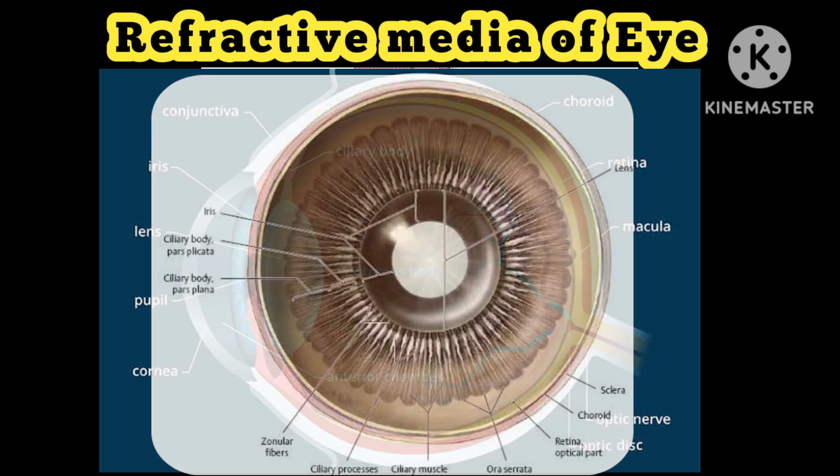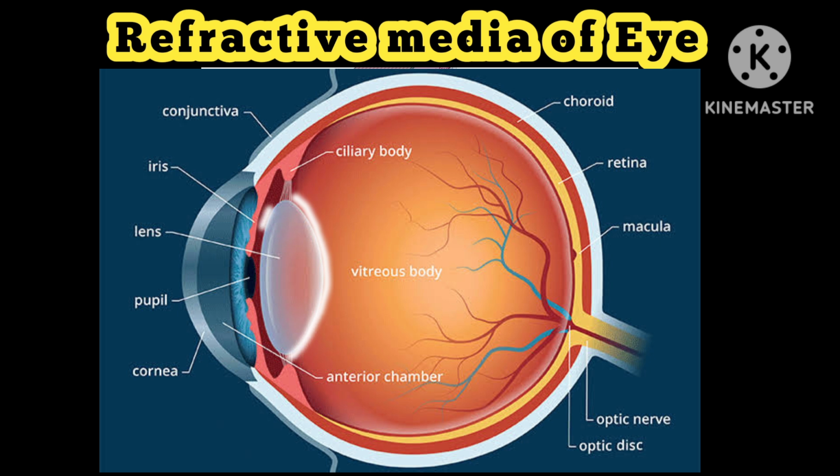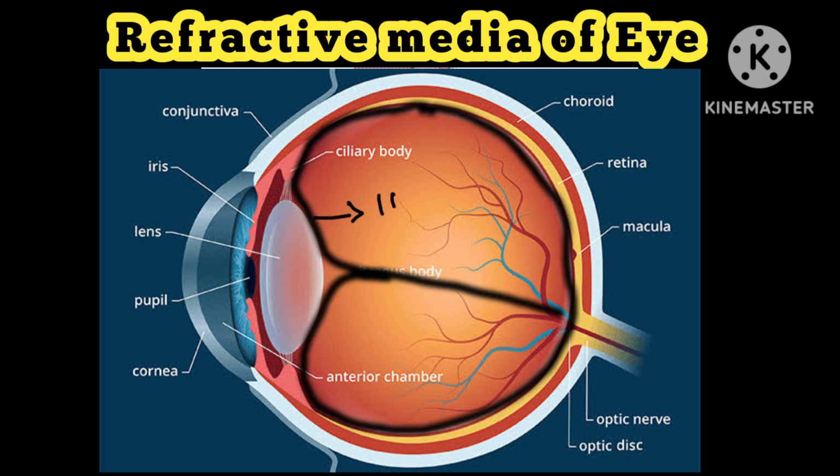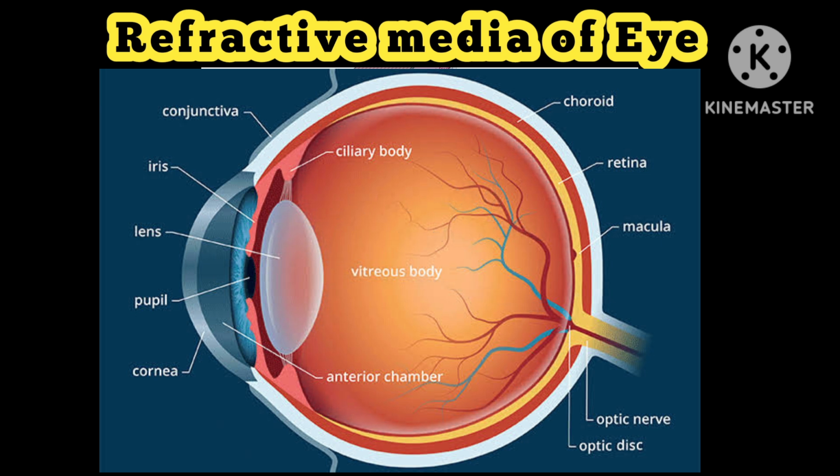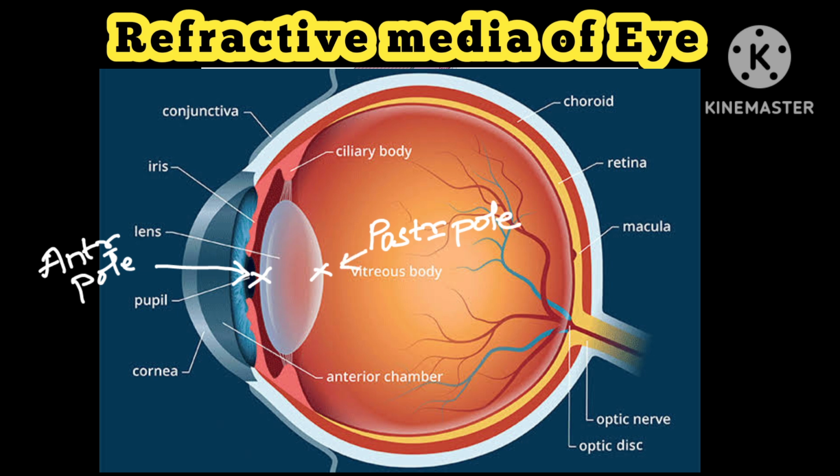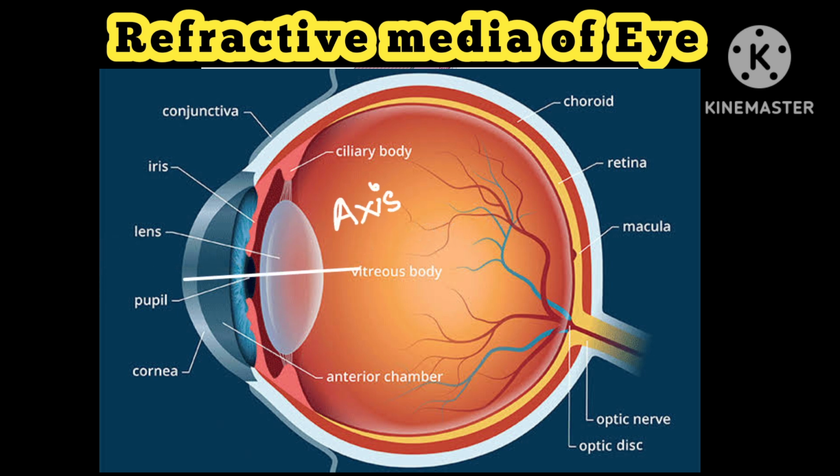The posterior surface is more convex than the anterior and rests on the hyaloid fossa of the vitreous body. The central points of both surfaces are known as poles, and the line joining the anterior and posterior poles forms the axis of the lens.